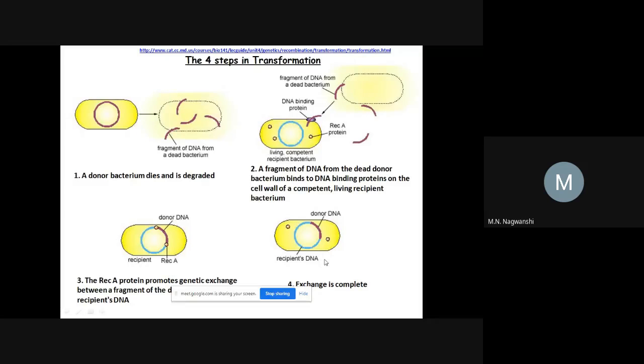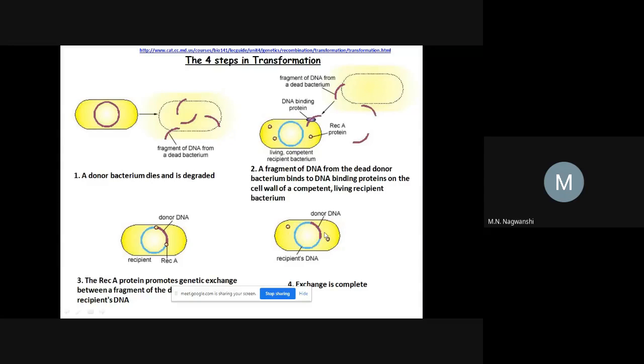Here you can see this is the recipient DNA chromosome and this is the foreign DNA material, and these are the protein molecules. After binding these DNA fragments to the chromosome, they are released. So here you can see the part of the DNA fragment is now exchanged completely.